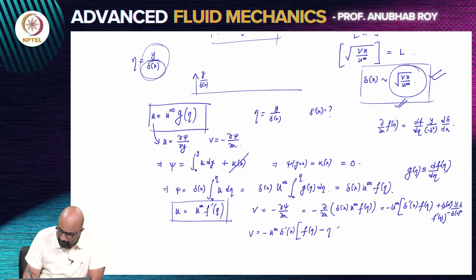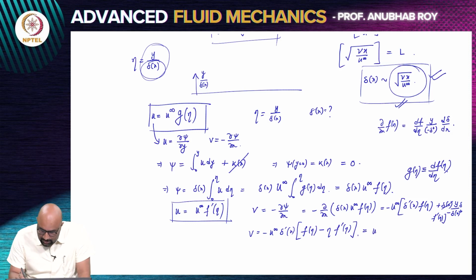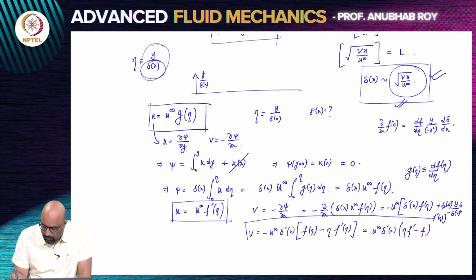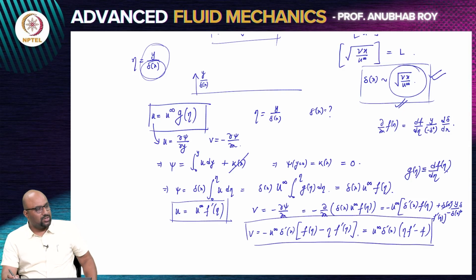So, eta f prime of eta. So, v is u infinity delta prime of x times eta f prime minus f. So, we will require these later because now we will write the equations in terms of f and then compute u and v.